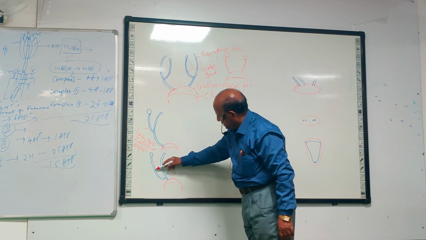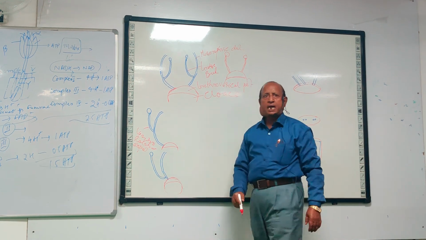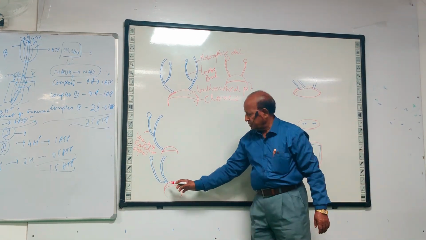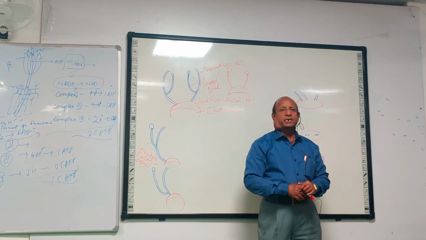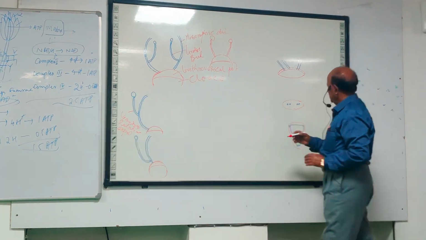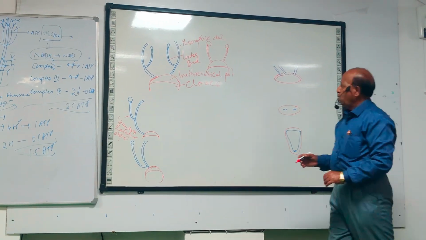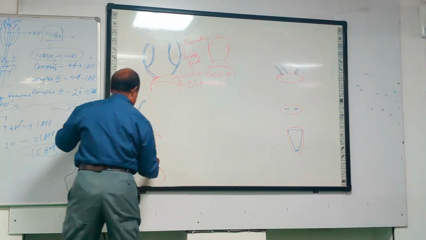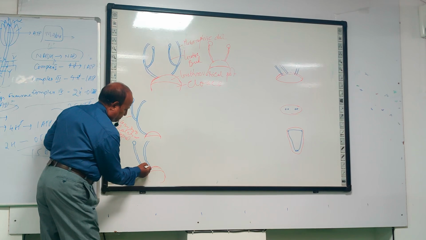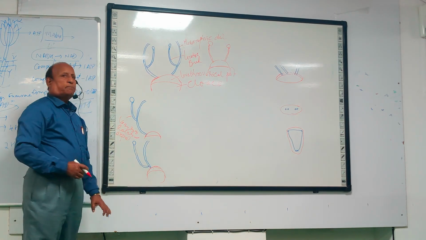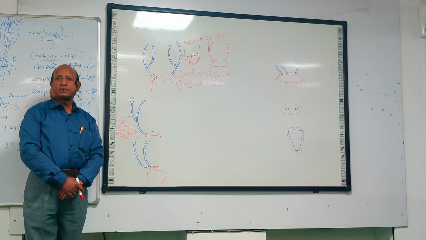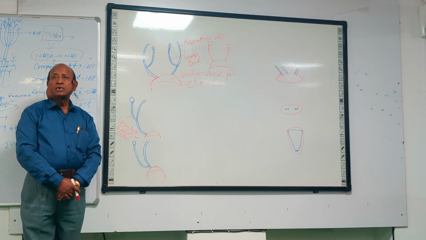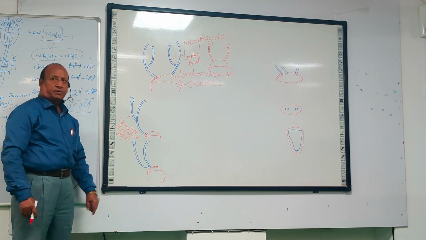This urinary bud comes down and down near the vagino-urethral part of the cloaca. Then you see one more diagram. What happens from here is called the process of separation of the urinary bud.